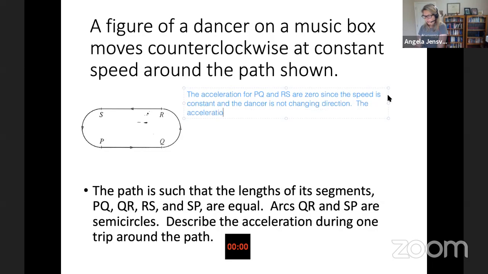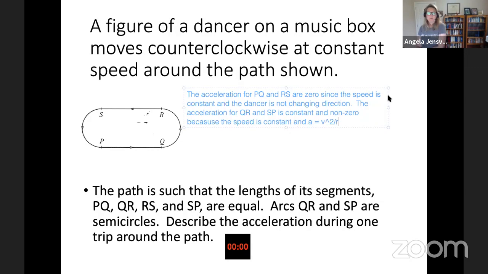The acceleration for QR and SP is constant and non-zero, because the speed is constant and acceleration is v squared over r.